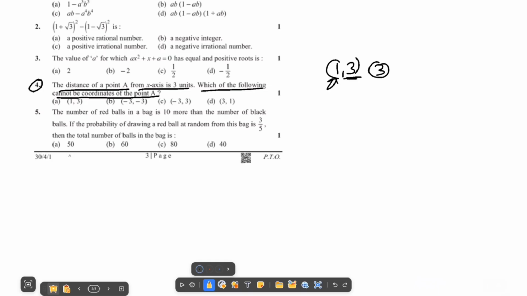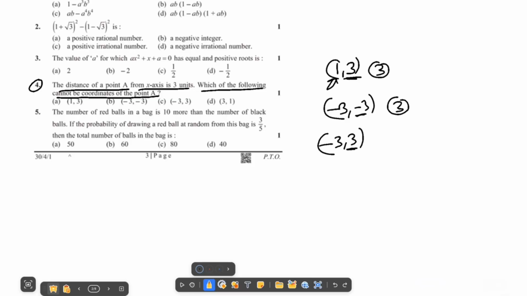Now let's check option B, minus 3 comma minus 3. Here y coordinate is minus 3, so this will be 3 units from the x axis. So option B is also okay. Minus 3 comma minus 3 can be the coordinates of point A. Now let's check option C, minus 3 comma 3.